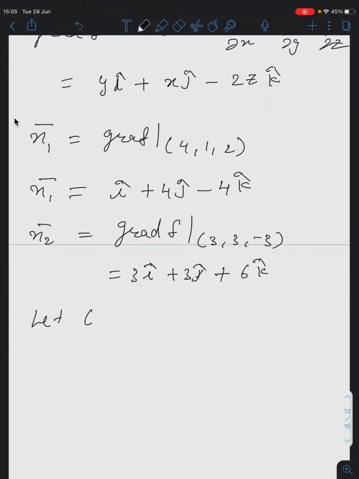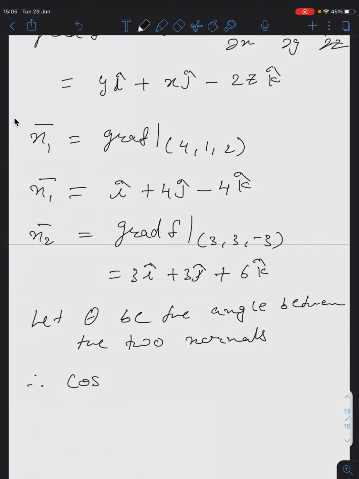Now you write down everything. Let theta be the angle between the two normals, that is n1 bar and n2 bar. So that is given by cos theta is equal to n1 bar dot n2 bar by mod of n1 bar into mod of n2 bar.